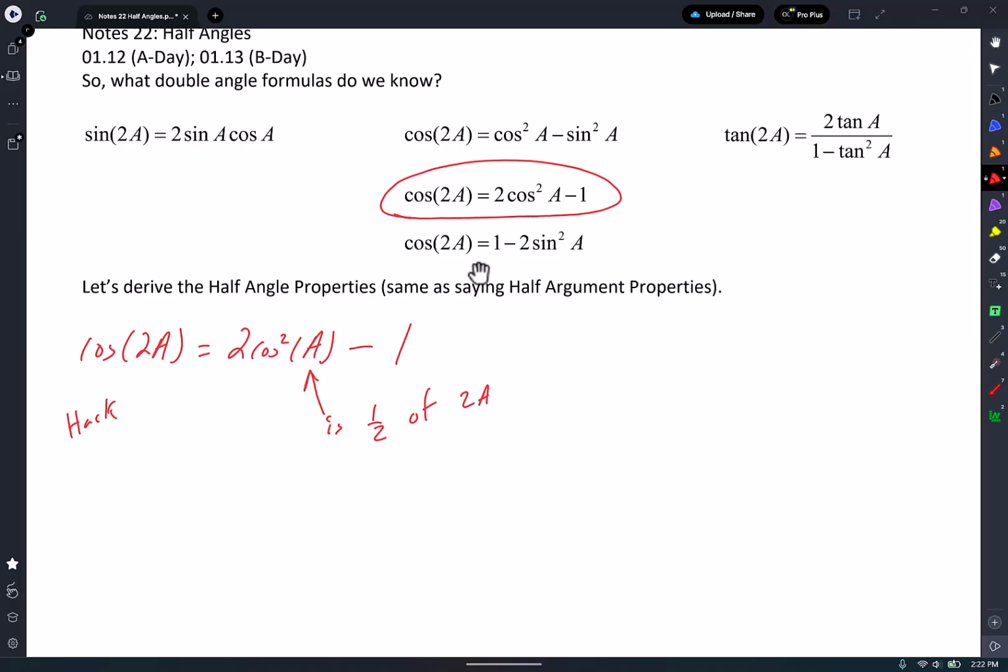Yeah, if you take 2A and multiply by half, you get A. So I'm going to rewrite. I'm going to put semicolon, rewrite, and I'm going to write it like this. I'm going to write cosine of A equals 2 cosine squared of half A minus 1.